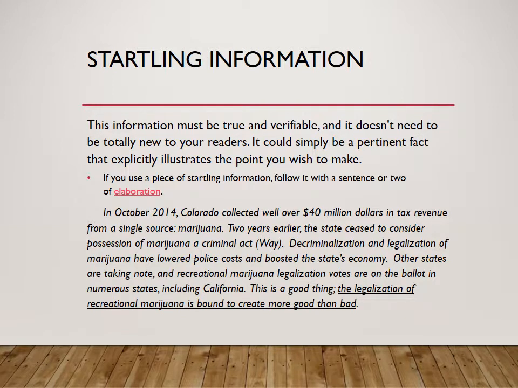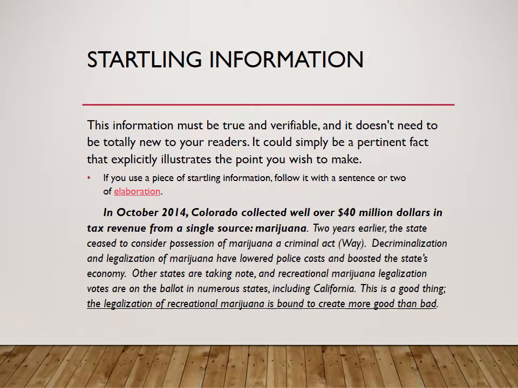So take a moment to look at the paragraph below and consider how the information is organized. Can you guess what the startling piece of information is? In this introduction, the startling piece of information is the first sentence.